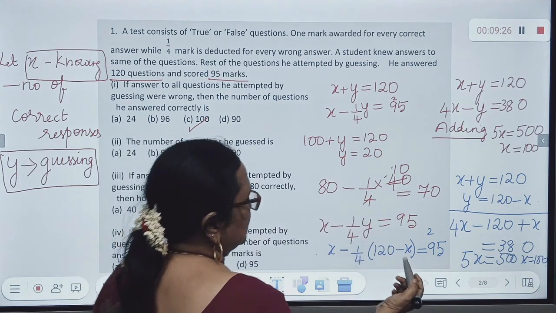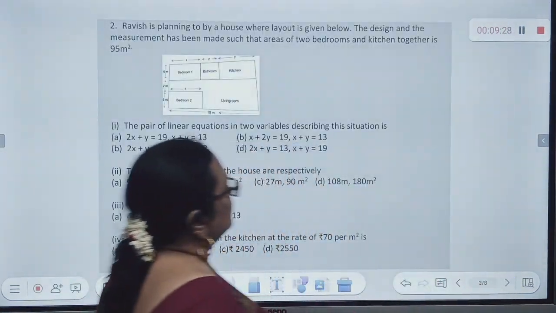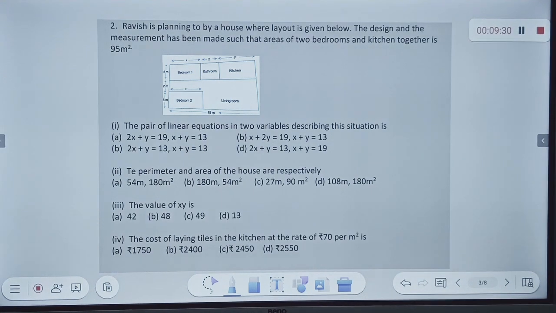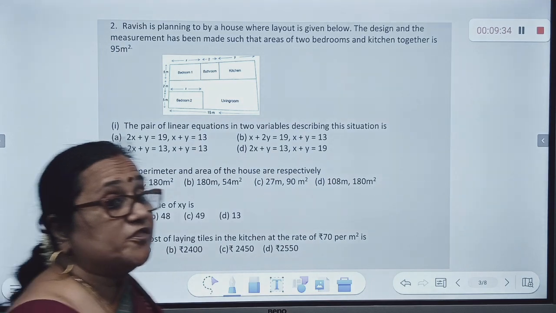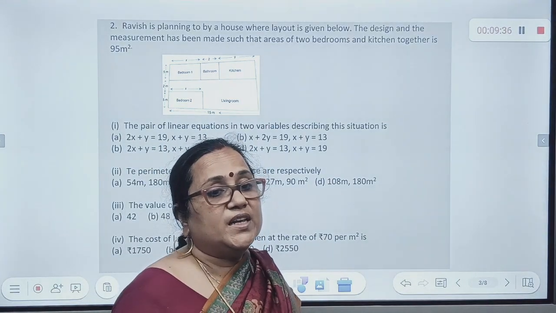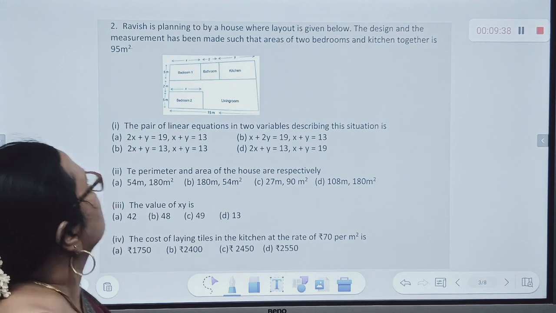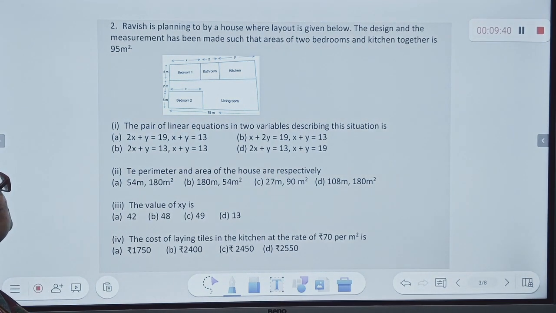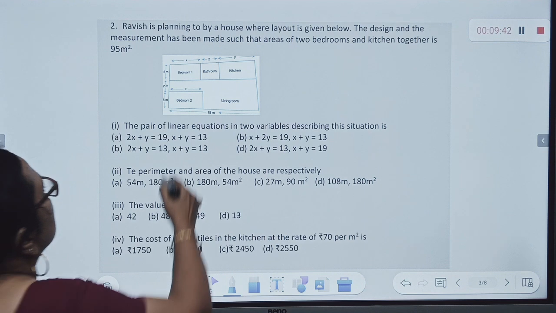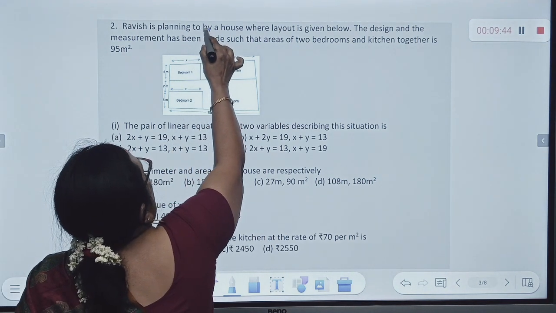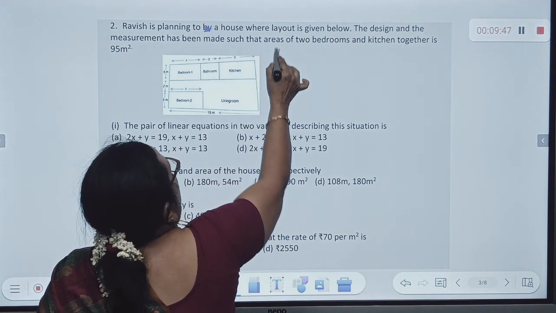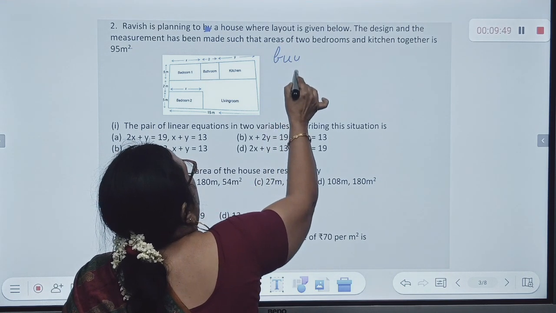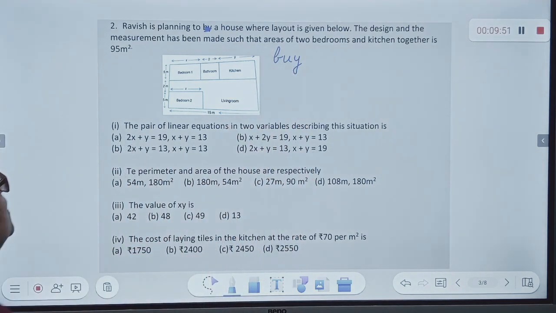We'll pass on to the next case study. This is another interesting problem. See, we are looking at problems which are reducing to linear equations in two variables. Ravish is planning to buy a house where the layout is given below.